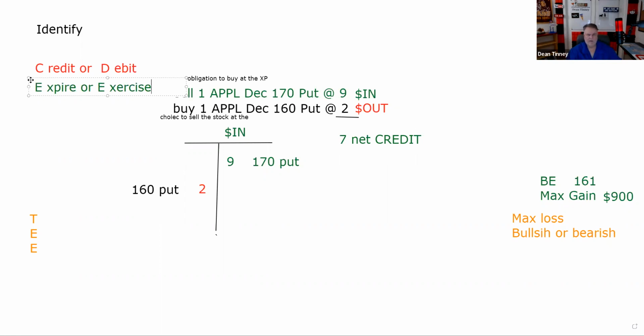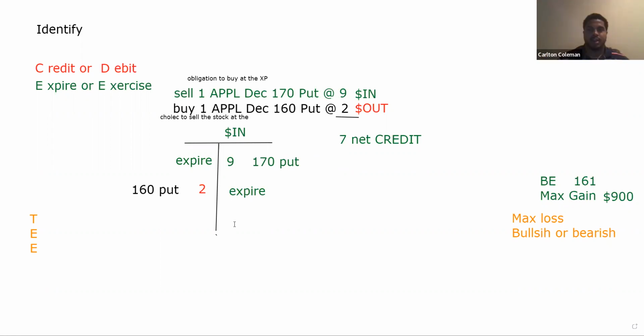If I call you and say these contracts expired, would you be happy or would you be sad? I believe happy. Yeah, you'd be happy, right? Because you'd say, gee, Dean, I get to keep the money.